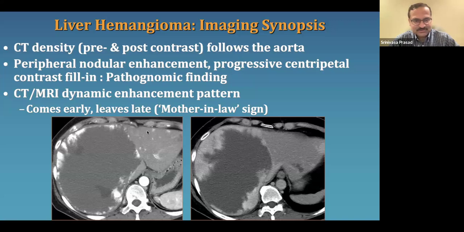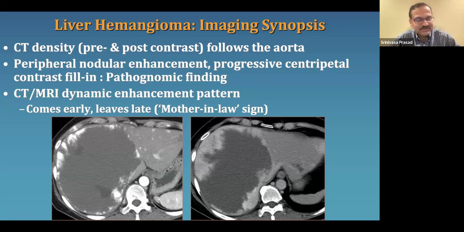You see that on the arterial phase, it's bright as the aorta, and on the portal venous phase or delayed phase images, you can see similar density of the enhancing component to that of the aorta. So anything that matches the aorta, we can call it the classic hemangioma or the cavernous hemangioma.